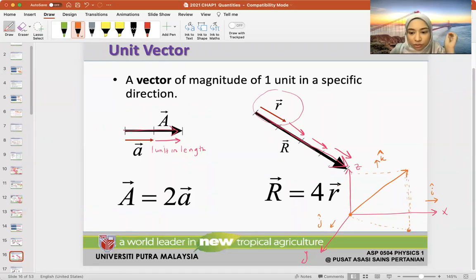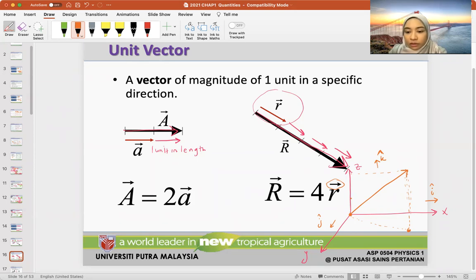It's the same, but please use the arrow. The arrow is more universal. Okay. So if it's going in the x, you should describe it in I. If it's going in the z, you should describe it in K. If it's going in the y, you should describe it in J.